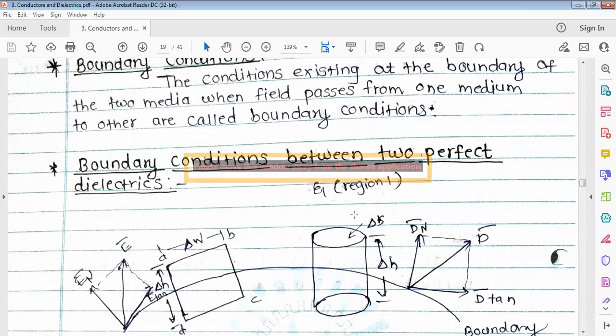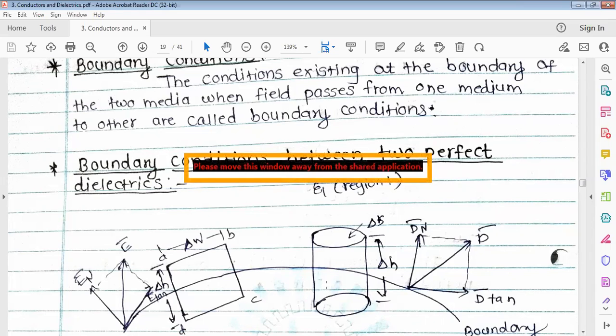But the top surface, which is placed in region 1, the direction of dn1 is entering the boundary, but for the bottom surface on this boundary, the direction of dn2 is leaving the boundary. Means it is in the opposite direction. One is incoming and the other is outgoing.